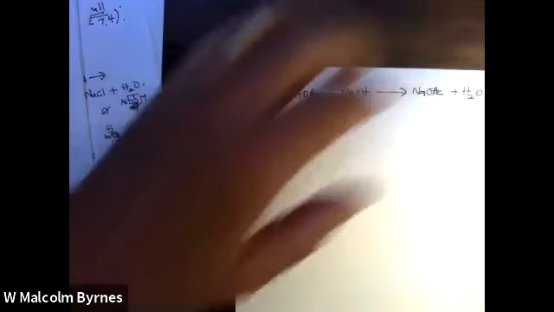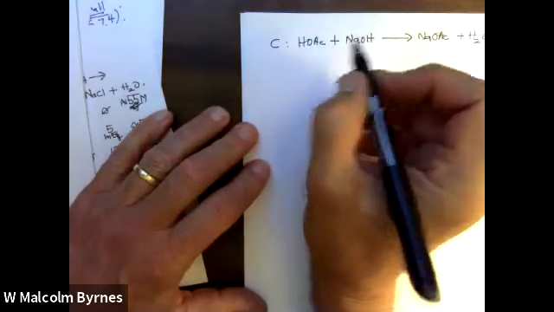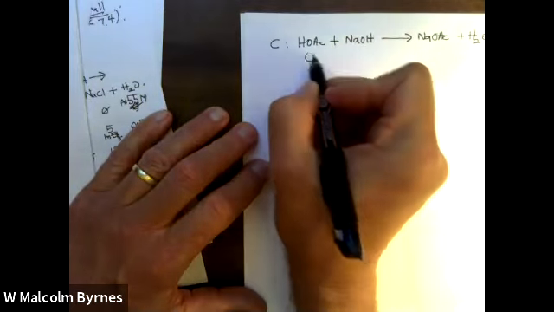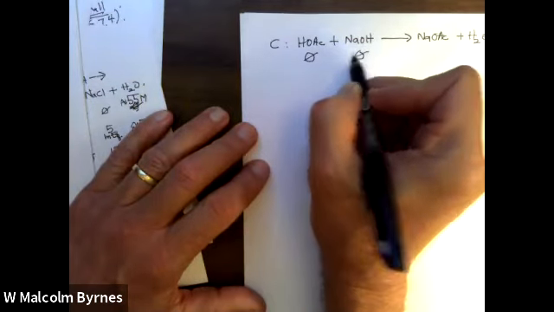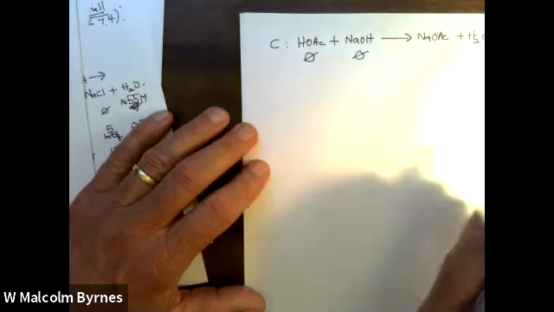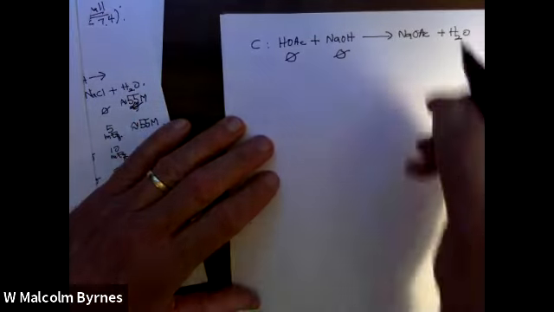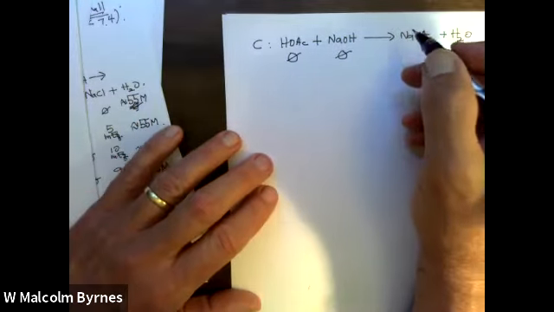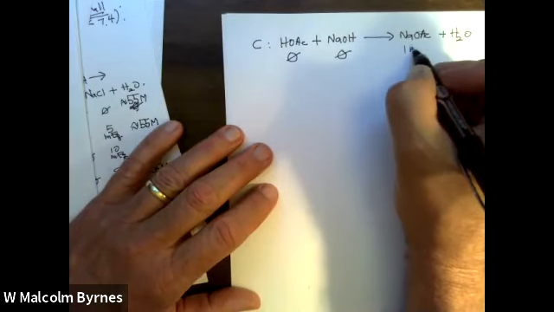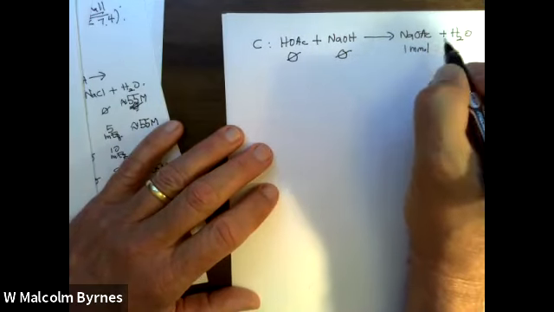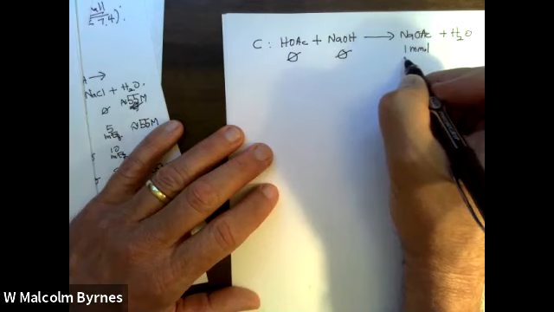We've now used up all the acetic acid with the sodium hydroxide that was added at the equivalence point, and we now have 1 millimole of sodium acetate.